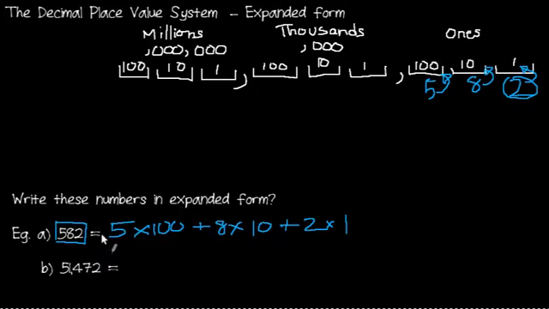So 582 in expanded form is just 5 times 100 plus 8 times 10 plus 2 times 1.